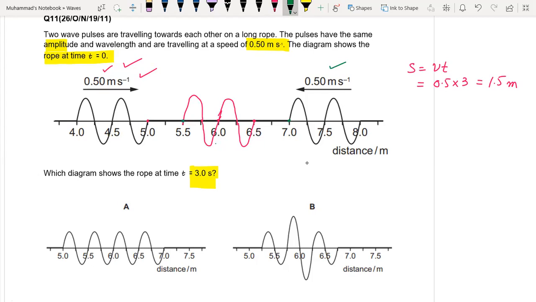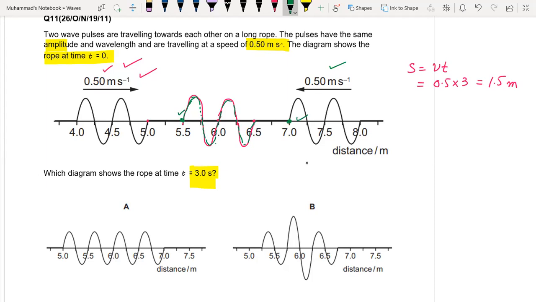This point will be here. If I draw this with a different color, green, this wave will be like this. So both waves will overlap in this way after 3 seconds, and the whole wave will be like this.